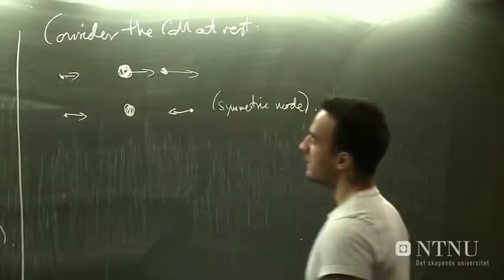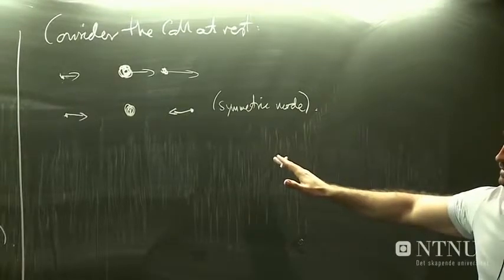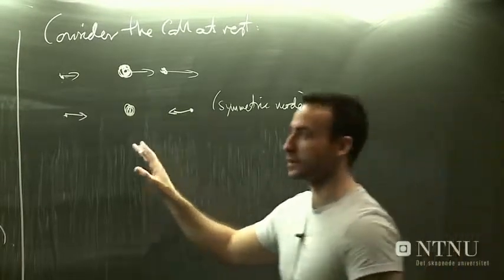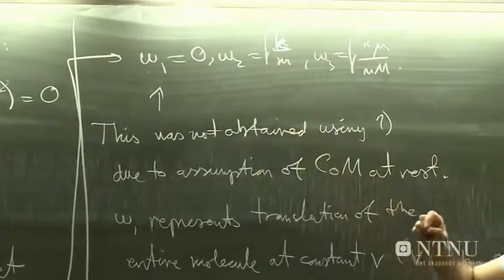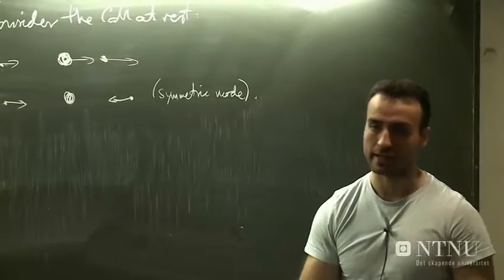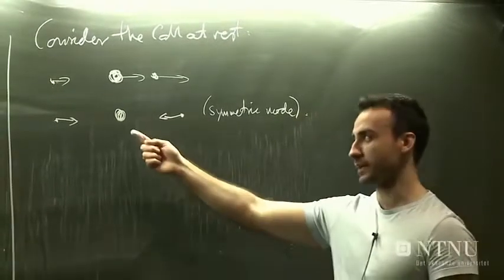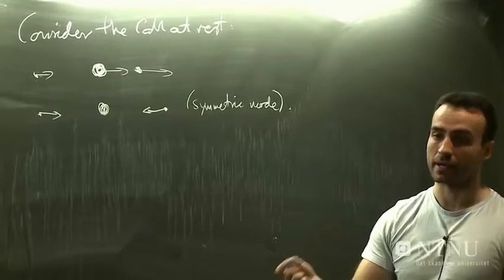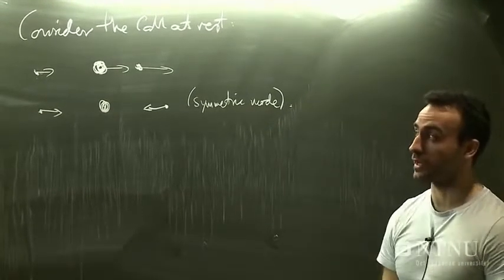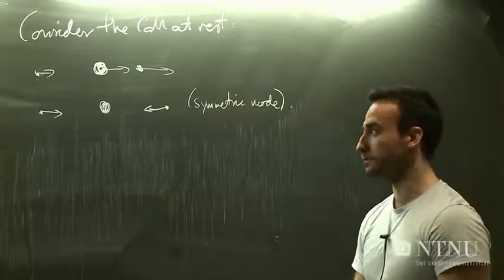And we can see that it makes sense in terms of the magnitude of this eigenfrequency, because the magnitude of this frequency involves only the mass of the oxygen atoms. So the carbon atom is at rest, and these oxygen atoms are oscillating with a frequency k over m. So it corresponds well with the magnitude of omega 2.